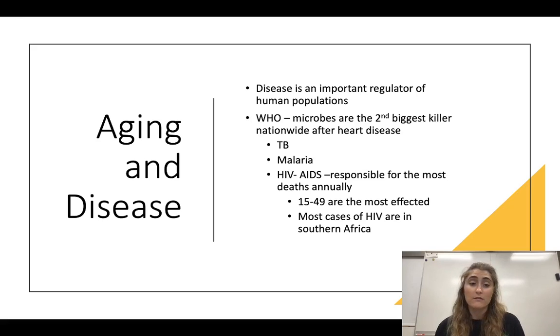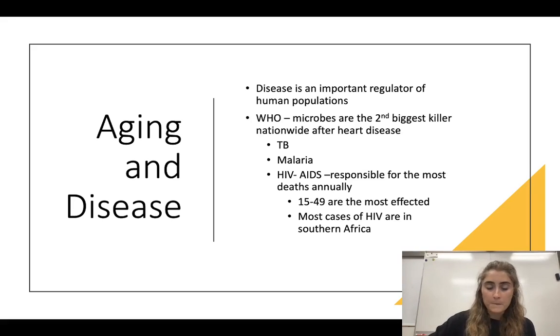So a lot of people die from disease. Most common ones, not necessarily in the US, but worldwide, are TB, malaria, and HIV/AIDS. And HIV/AIDS is responsible for the most deaths annually. Again, we're talking about in the world, not in the United States. Most of these cases are in Southern Africa.